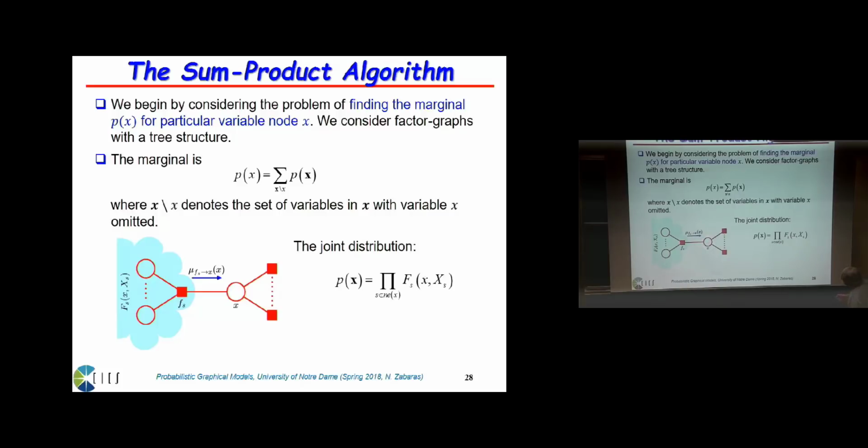So this node X here is surrounded by factors, because you remember every node is connected to one or more factors, okay? So I am looking now at this factor Fs, all right?